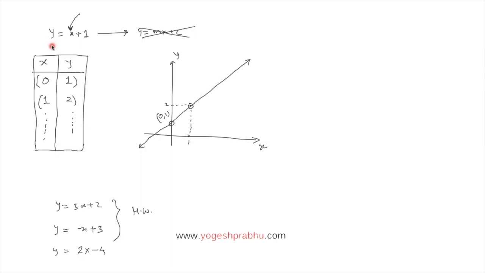You start with x as 0, 1, 2, 3 and find the values. But do you see that for a line, 2 points are enough? Yes, 2 points are good enough to connect a line. Correct.